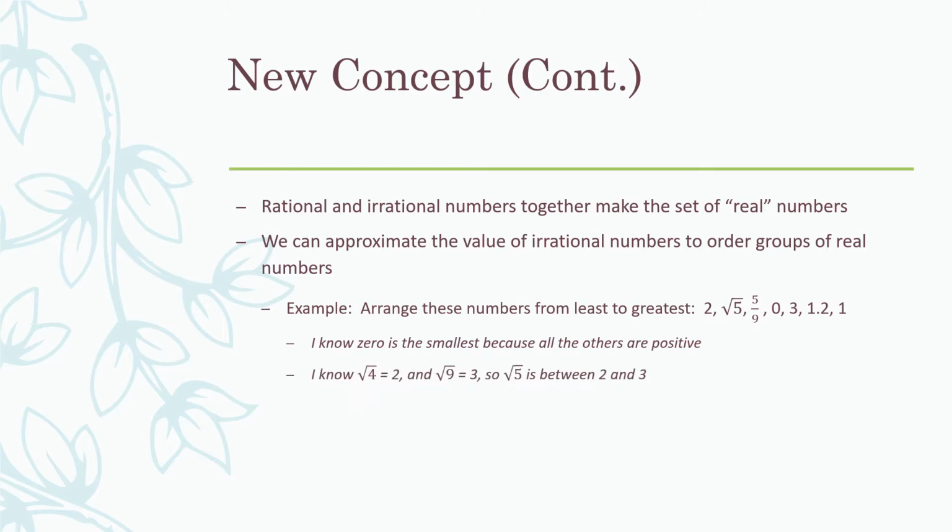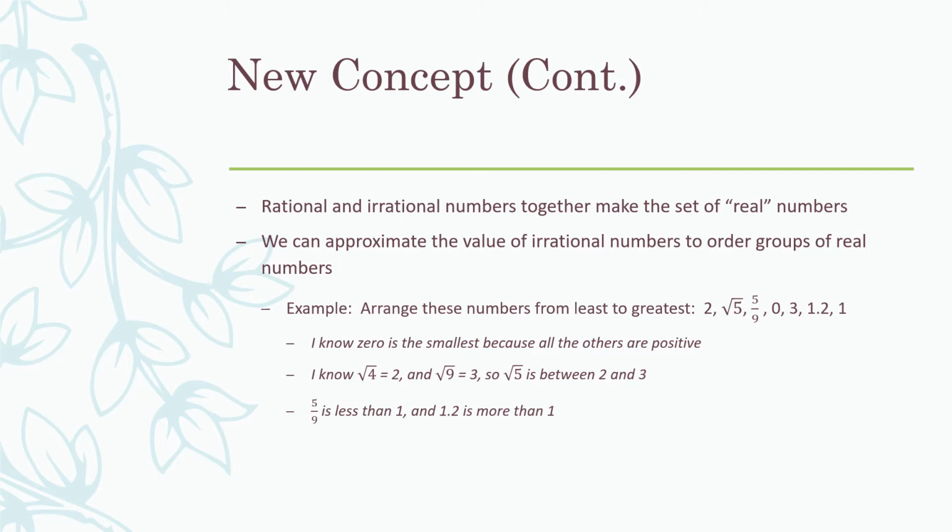Then I go with what I learned just a little bit before in this video. Square root of 4 is 2, square root of 9 is 3, and so the square root of 5 is between 2 and 3. It's less than 3, but it's more than 2. 5/9 I know is less than 1, because if it were equal to 1 it would be 9/9, and I know 1 2/10 is more than 1.